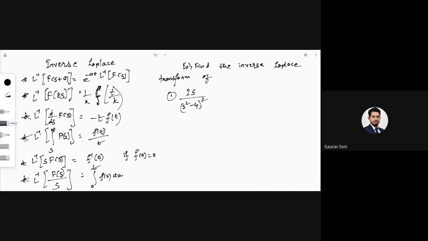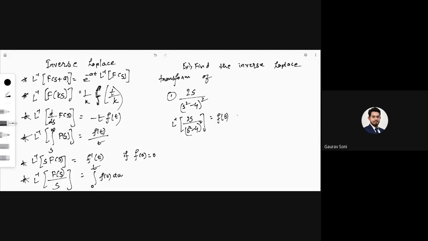So what I can observe is the derivative of s square minus 4 is in the numerator. So Laplace inverse of, suppose 2s upon s square minus 4 whole square is equal to f of t.